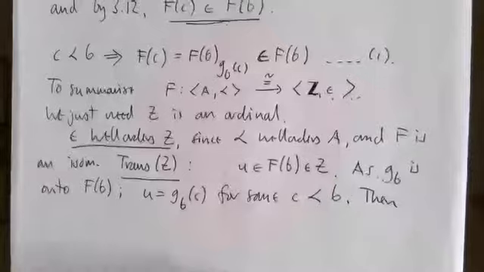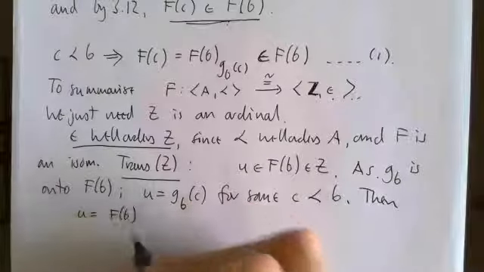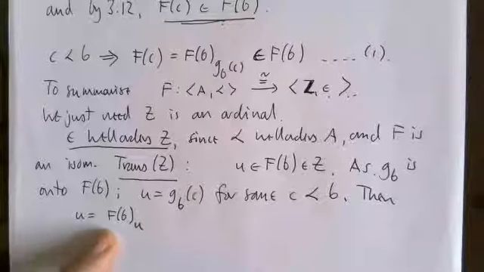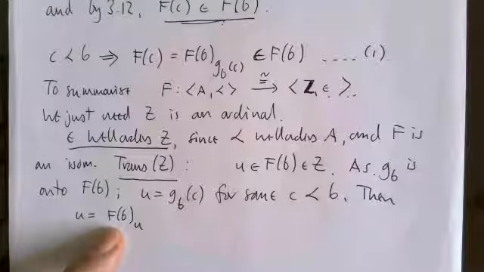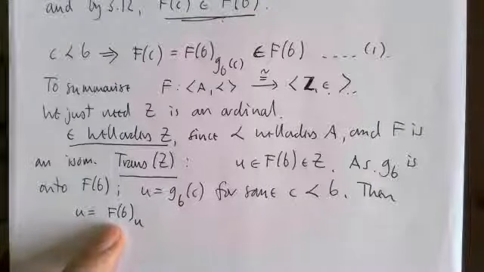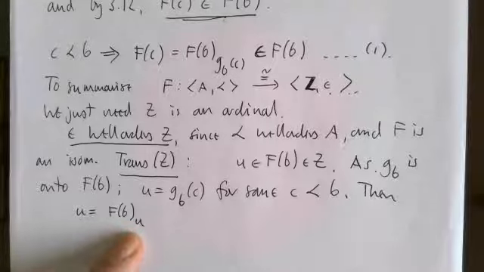But then we just write out and see what this is. Remember that f of b is an ordinal, and the elements of the ordinal are the same thing as the initial segments.